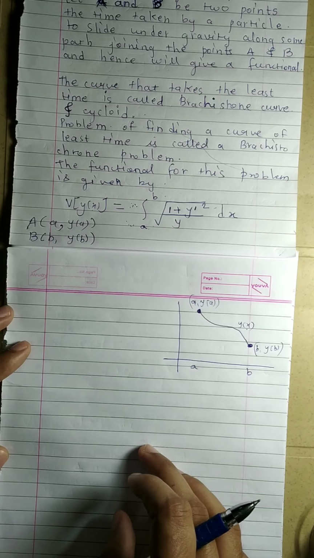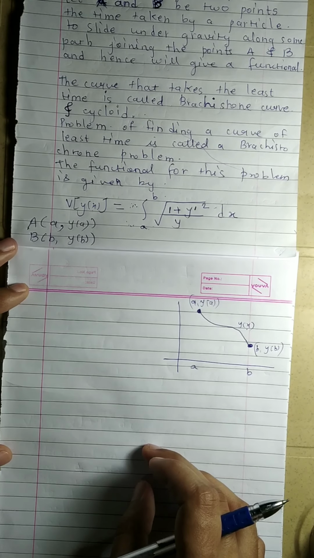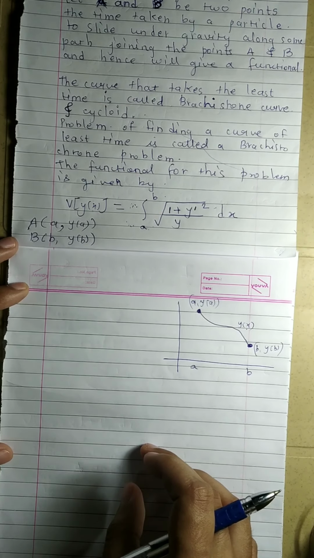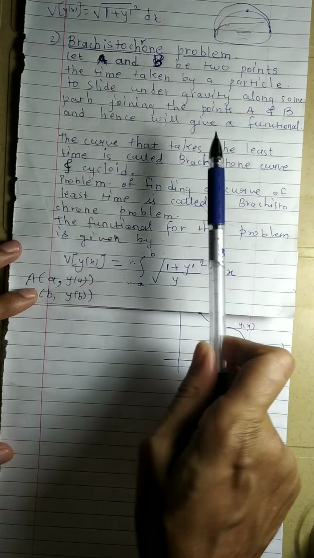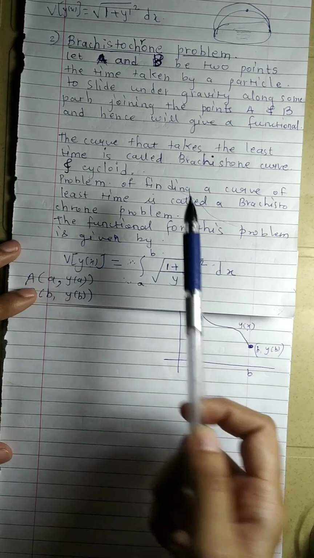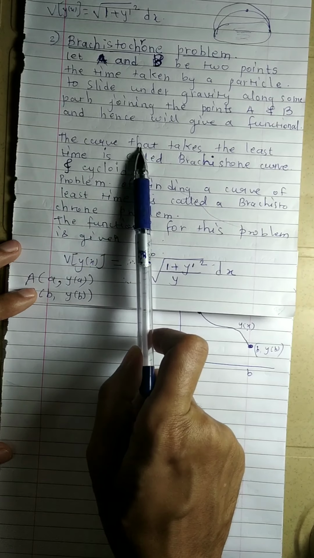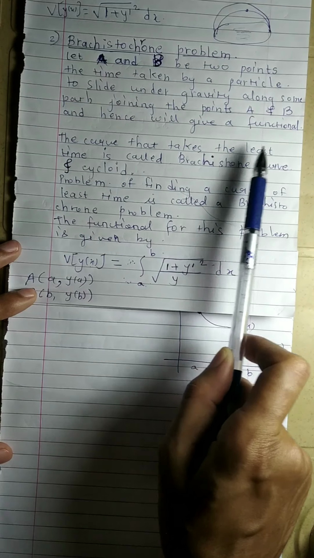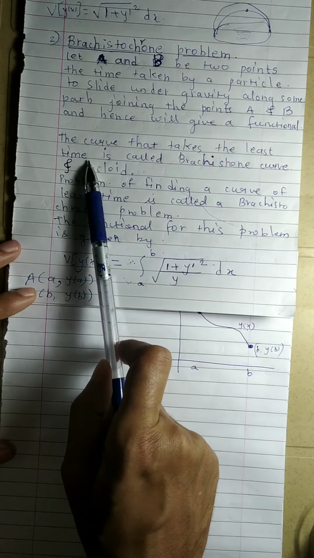As I have said in the last video, what is the question in this brachistochrone problem? We want to find a curve that takes the least time. So this should be something related to time. This is giving us time, and we want to minimize that time.